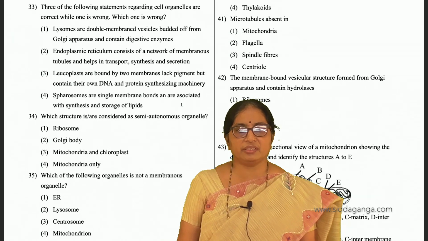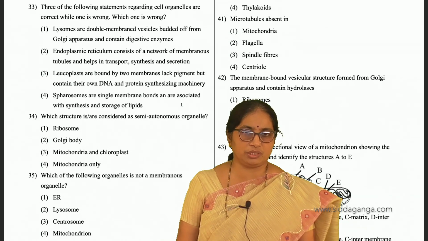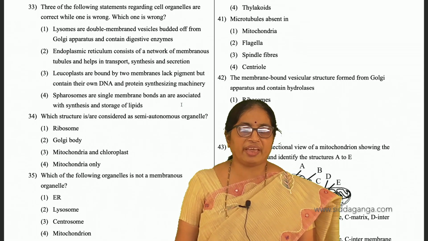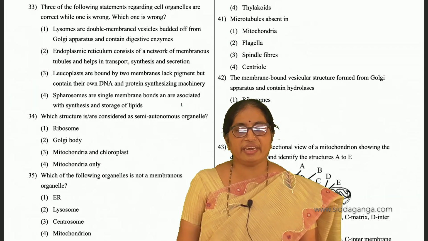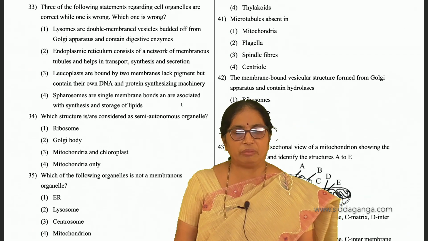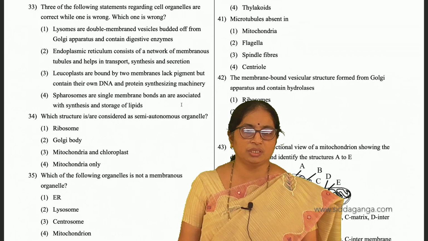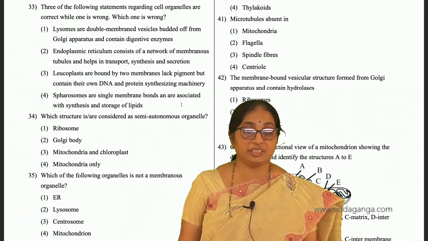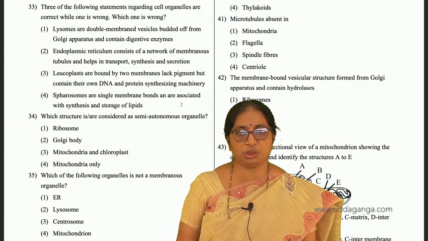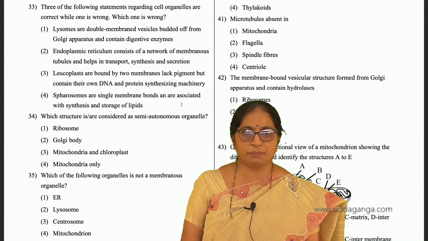It lacks a pigment, therefore it is called leucoplast, it is colorless. And containing their own DNA and protein synthesizing machinery is absolutely right, because the matrix contains various enzymes essential for protein synthesis.